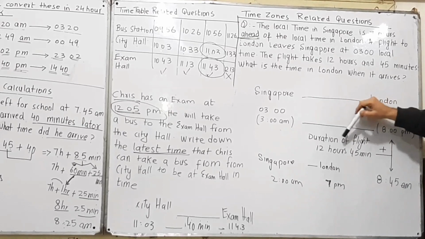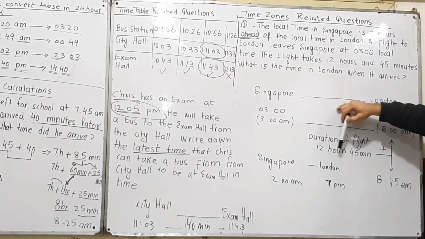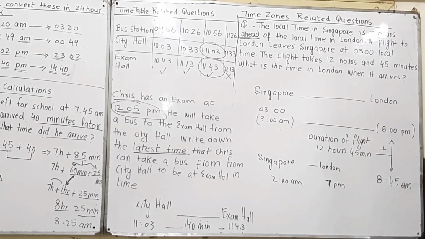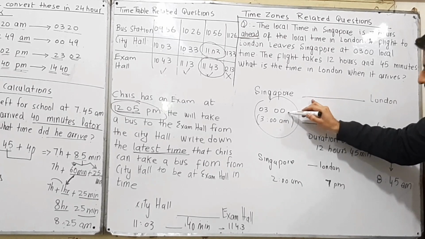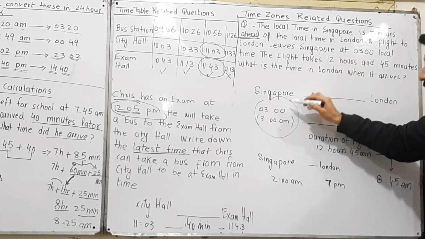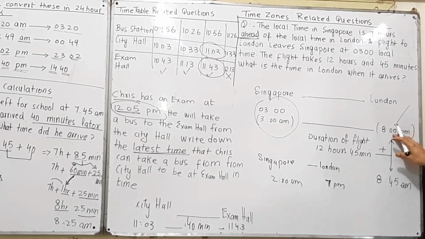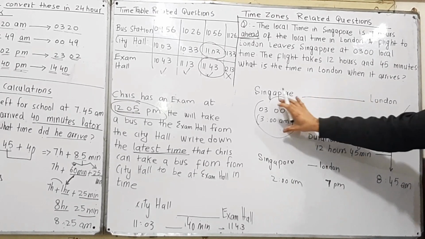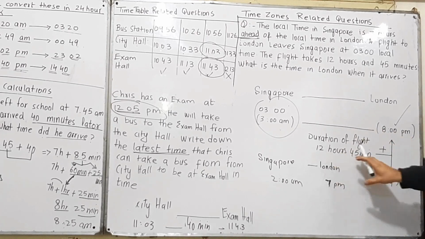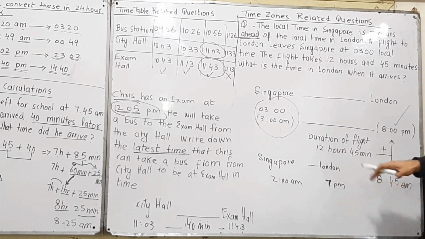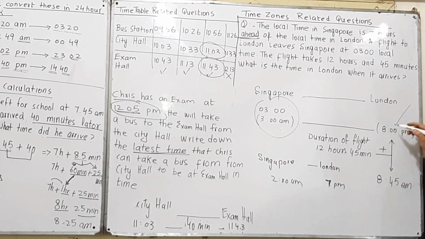Now the duration of the flight that took off from Singapore is 12 hours 45 minutes. When the flight took off from Singapore, the time in London was 8 p.m. The flight took 12 hours 45 minutes. Then at what time will the flight reach London? That is quite simple.